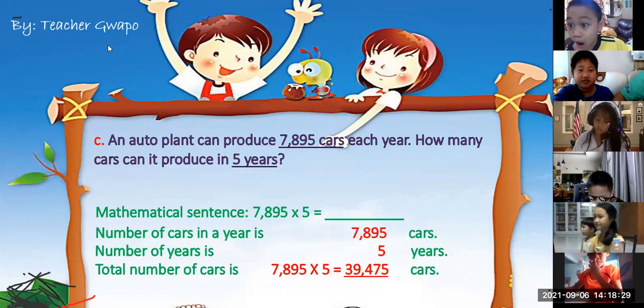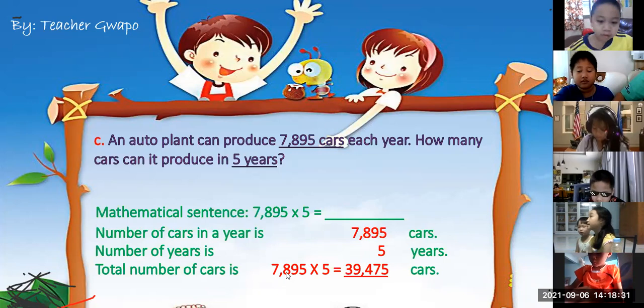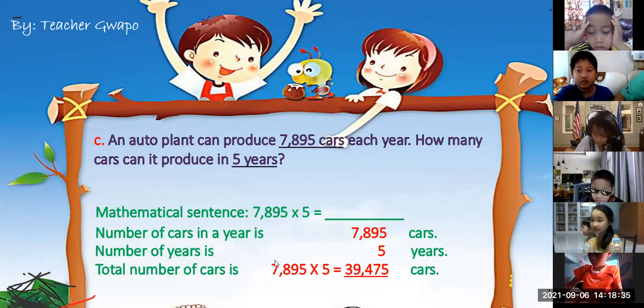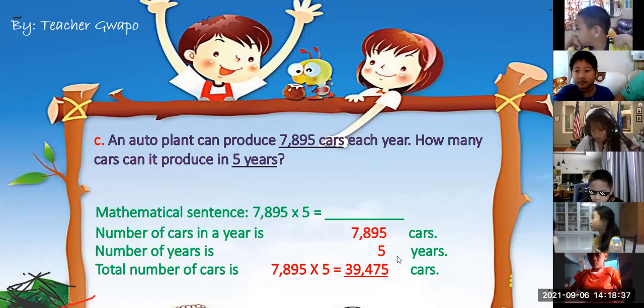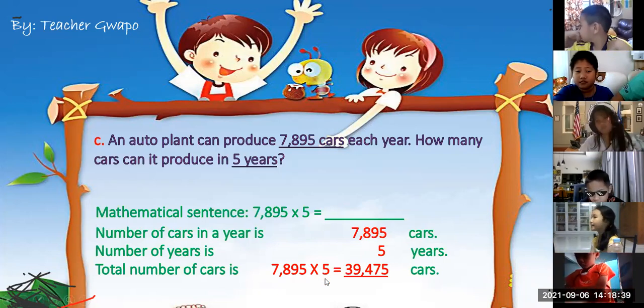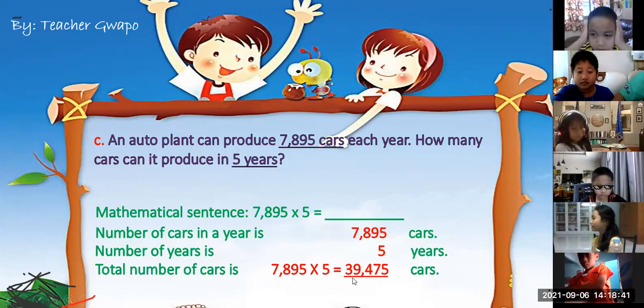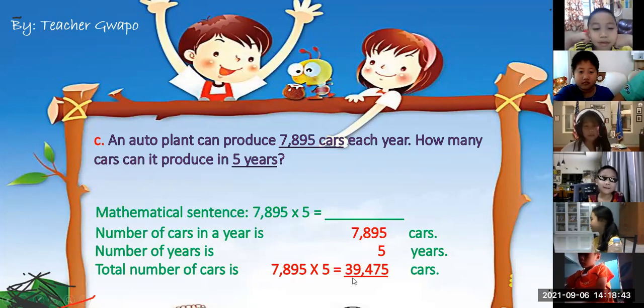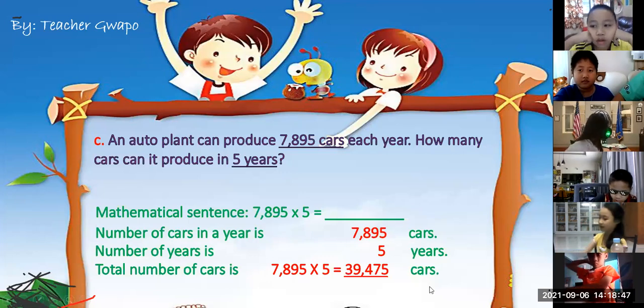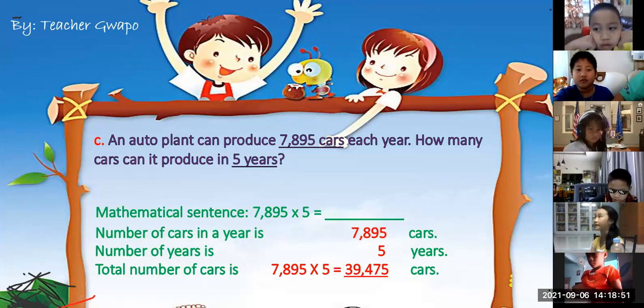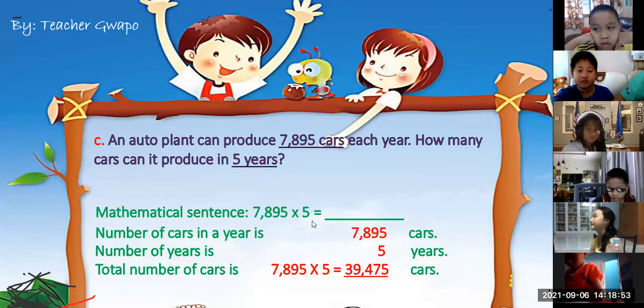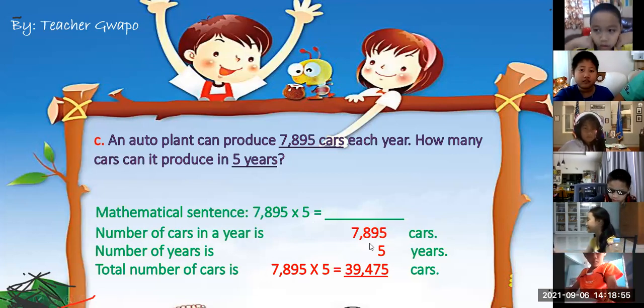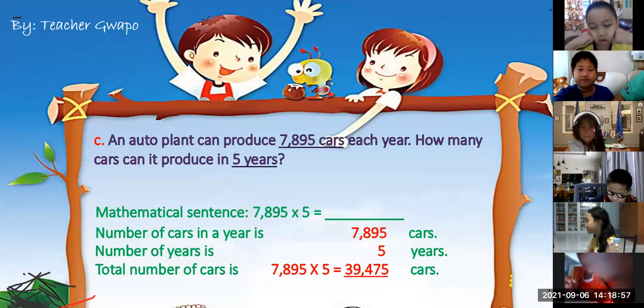39,475. Okay, so this is the number of cars in a year, 7,895, and in 5 years, we will multiply by 5. So it is equal to 39,475 cars. Wow, so many cars. That's why every year the car model changes.